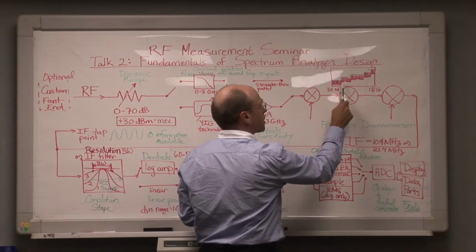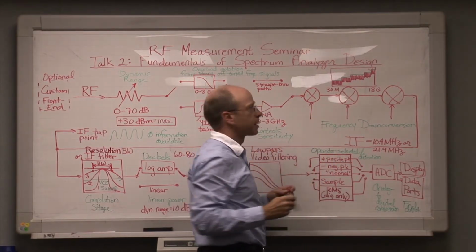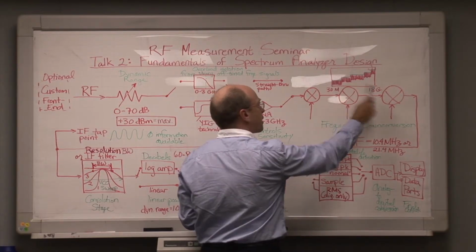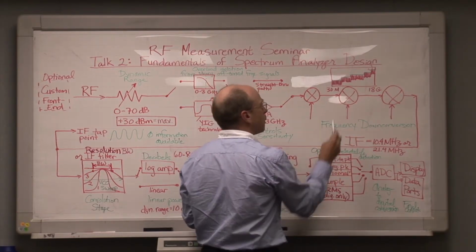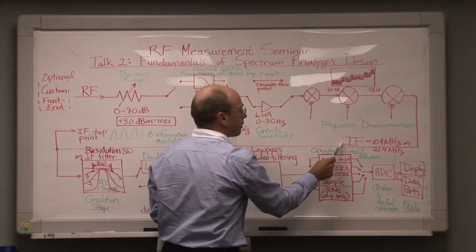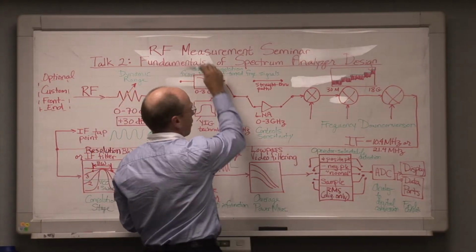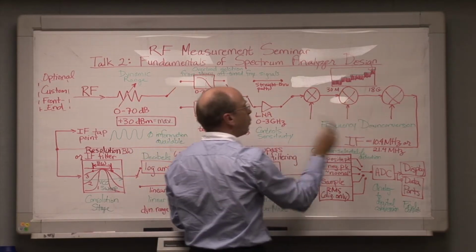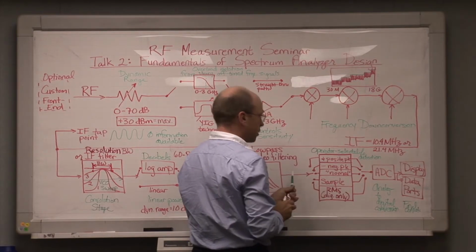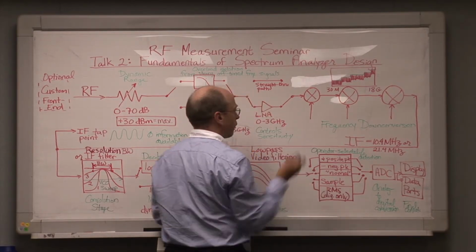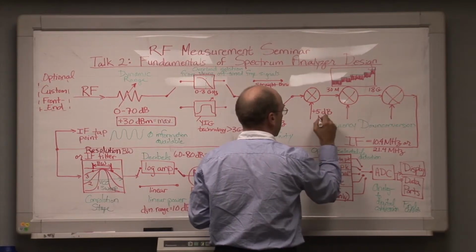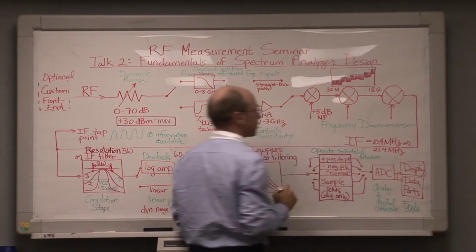This increasing noise level represents increasing noise figure values for the spectrum analyzer from its lowest to its highest operating frequencies, because to mix down from RF frequencies to the IF frequency, as the RF frequencies go higher and higher, we have to go through more and more mixing stages. And every time we pass through a mixing stage, we add about 5 dB of noise figure to the spectrum analyzer's internal noise.